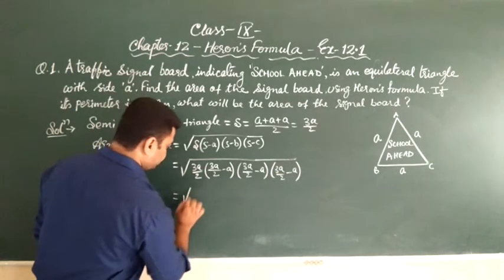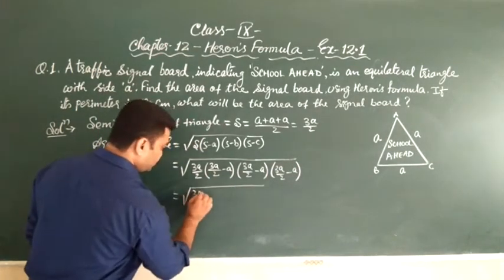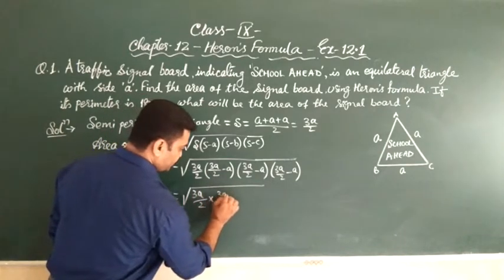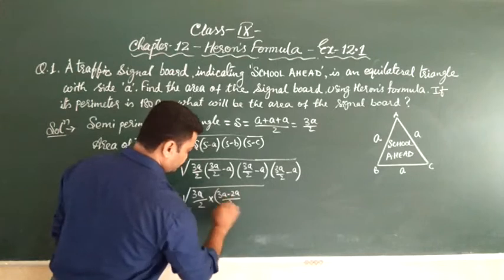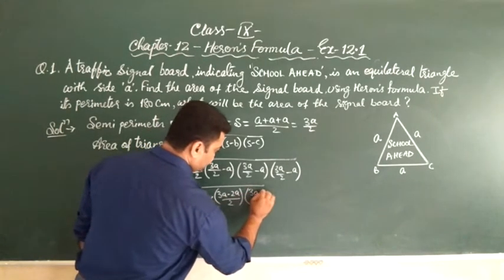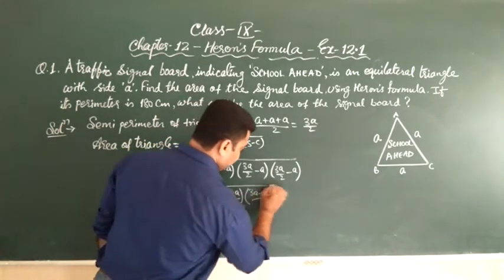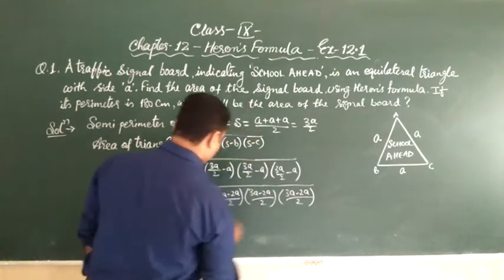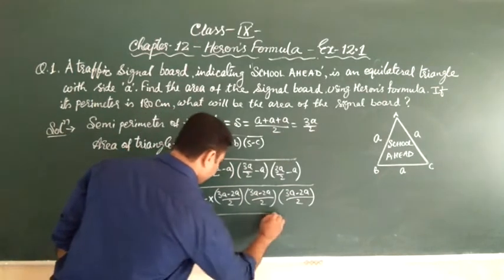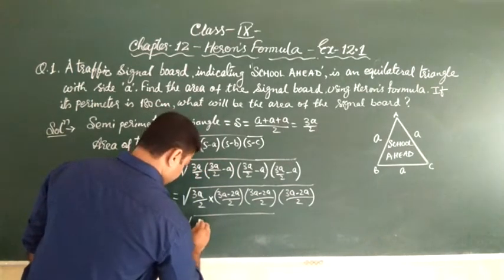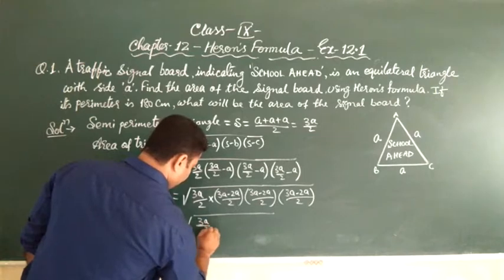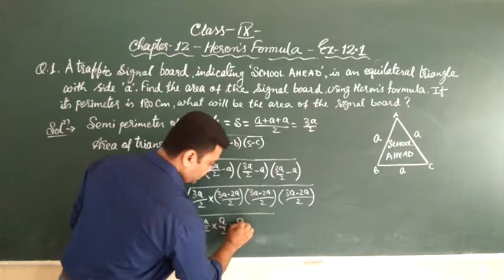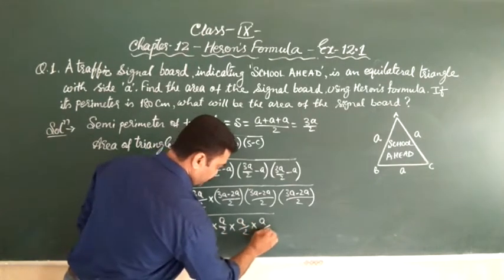Now 3A upon 2 minus A becomes 3A minus 2A upon 2, taking the LCM. Now in the next step, 3A upon 2 into 3A minus 2A upon 2 gives A upon 2 into A upon 2 into A upon 2.